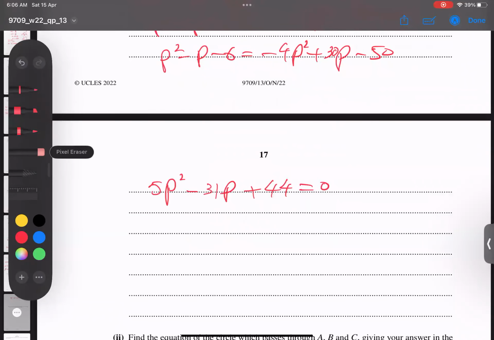Now I have two choices, either apply the quadratic formula or factorization. Big numbers are there, so I'm avoiding factorization. I'm writing the quadratic formula directly. P equals minus B. And please make a habit of writing these values. A is 5, B is minus 31, and C is 44.